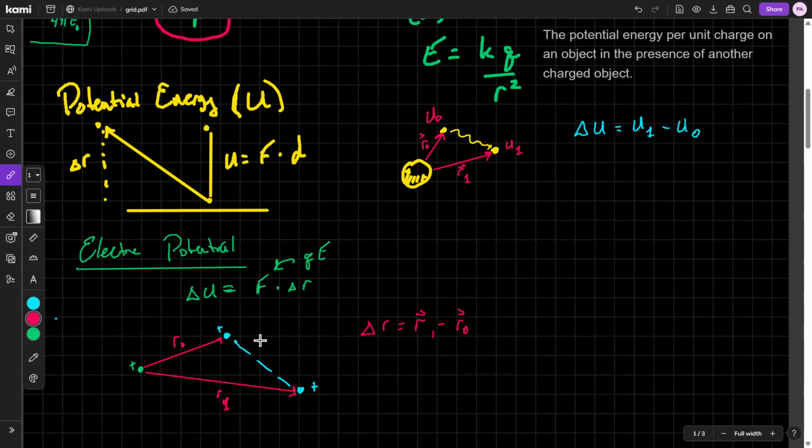Okay, so once again, delta U is path independent. It doesn't matter how it gets from one place to the other. It just matters the distance from the source of the charge.